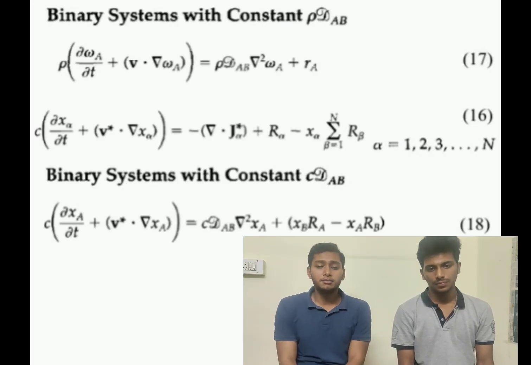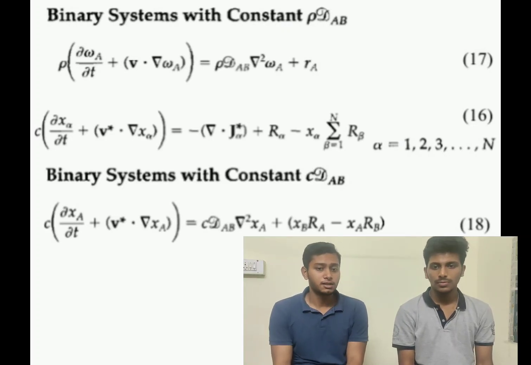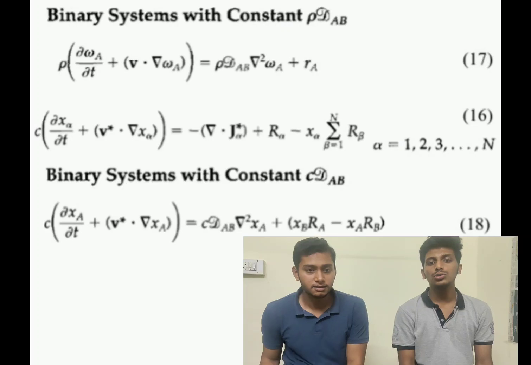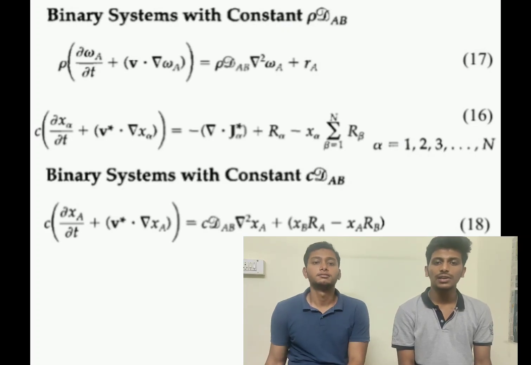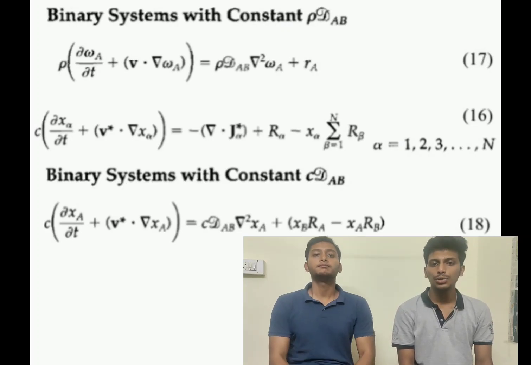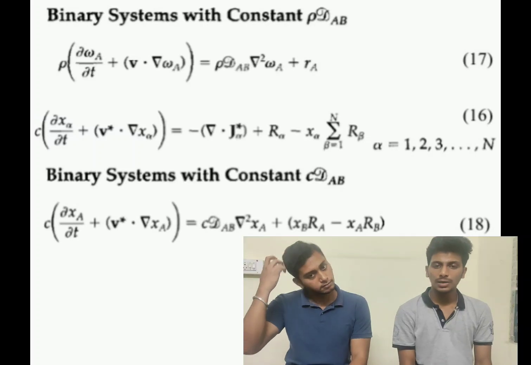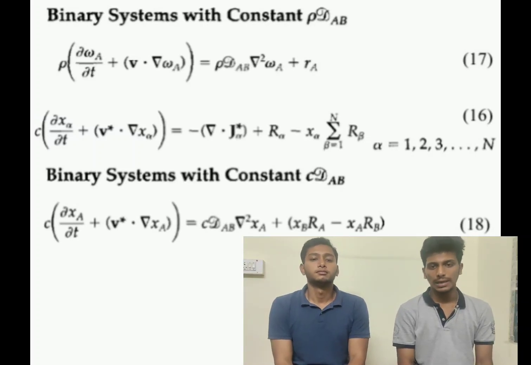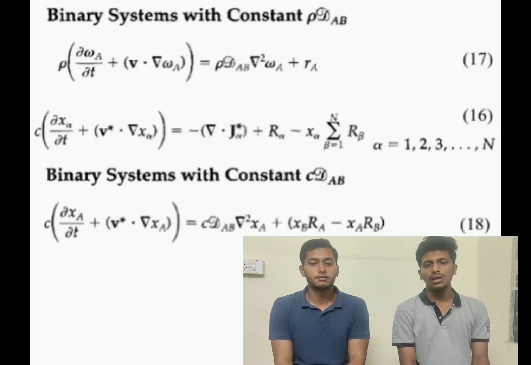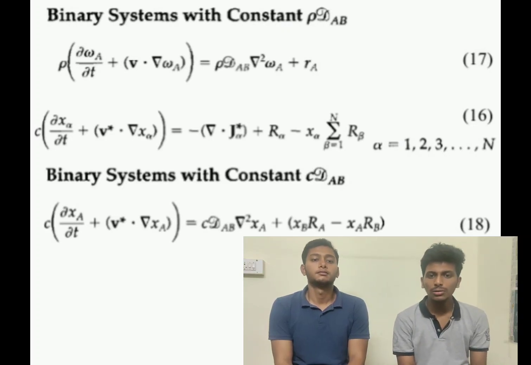Now we look at the term by term breakdown of this equation. Alright Kaushik, let's get into the terms. Will you start us off? Okay, so starting with the left hand side, the time derivative and the convective transport. This part is C times ∂xA/∂t plus V* dot ∇xA. Here C stands for the total molar concentration of the mixture.